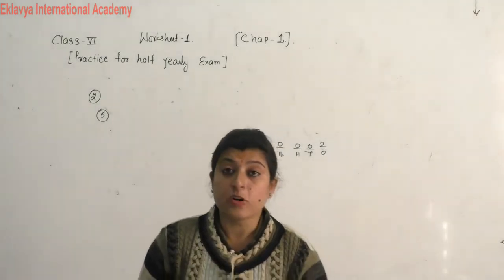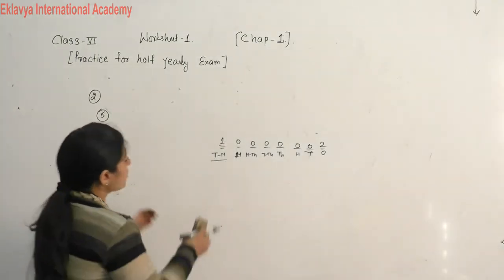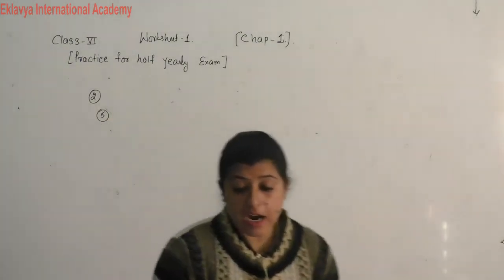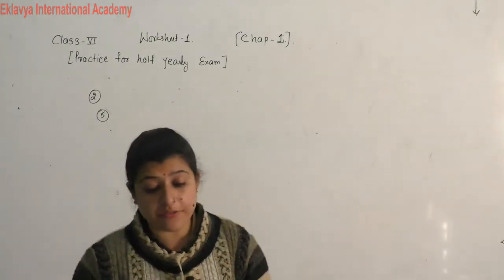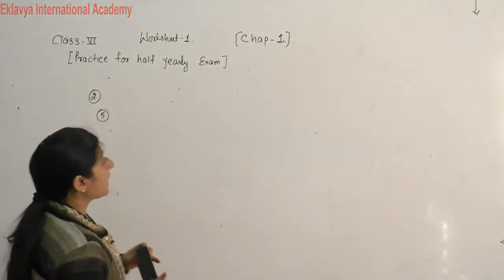Option A is correct. Now see question number 10. Akash sold 144 refrigerators at rupees 9725 each.